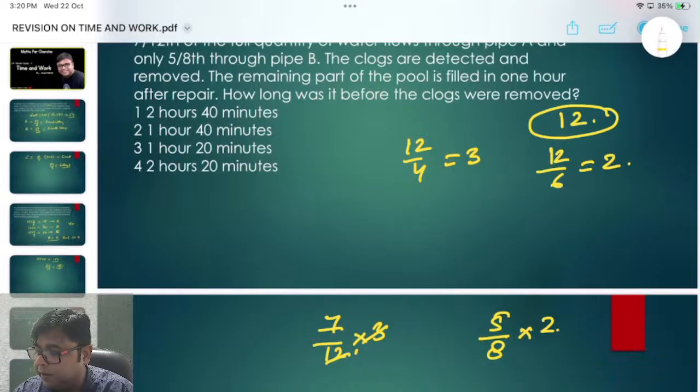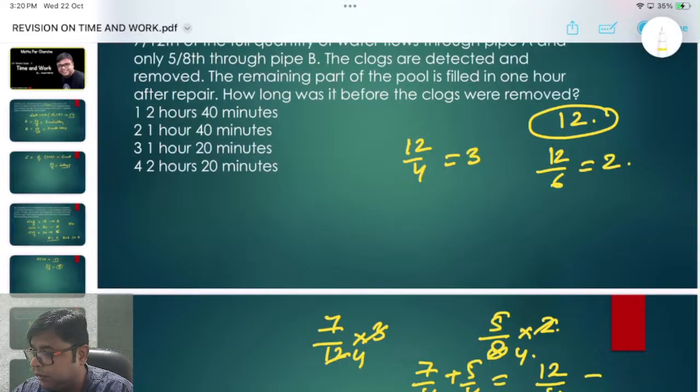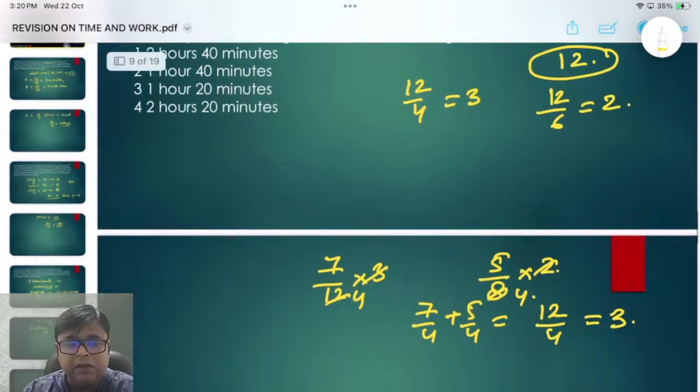So it became 7 by 4 and 5 by 4, which is 12 by 4. So they are only filling 3 units together.